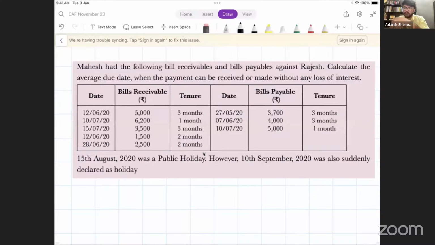I, Mahesh, have to receive some money from Rajesh, and I also have to pay some money to Rajesh. So two-way transactions are there. So in this case, we have eight bills in total, five receivables and three payables. We net it off and calculate the average due date of all the eight transactions put together. Okay, so let's solve it.